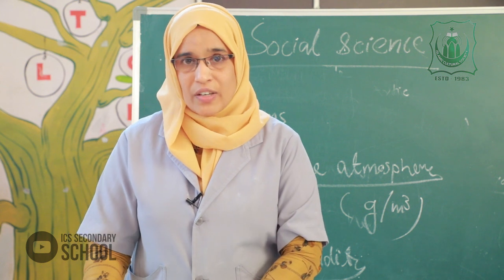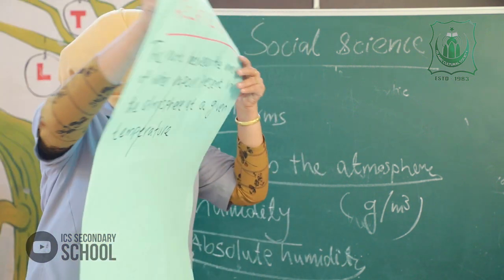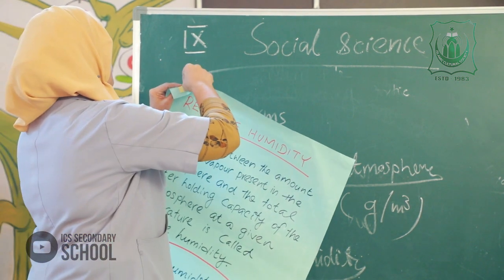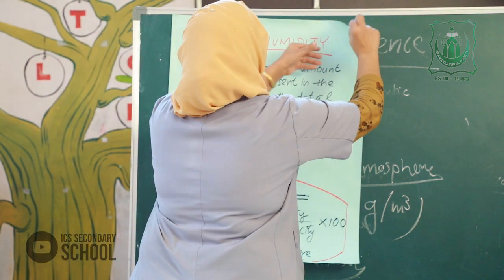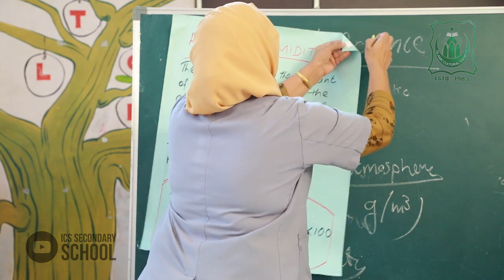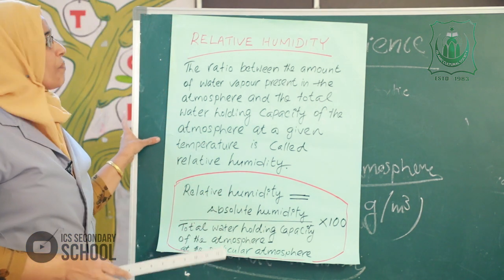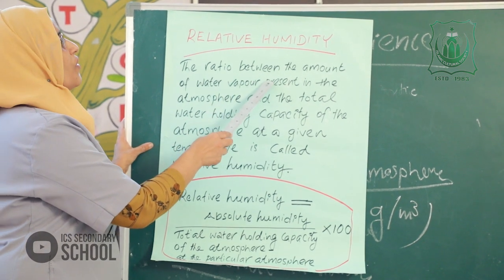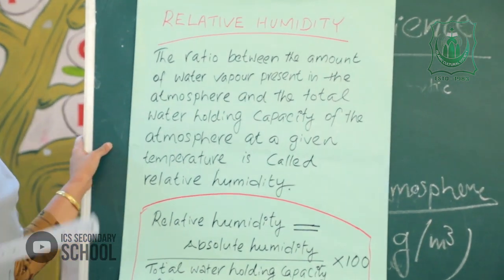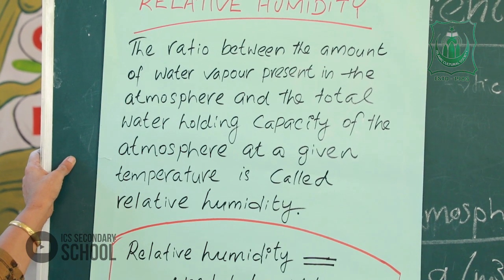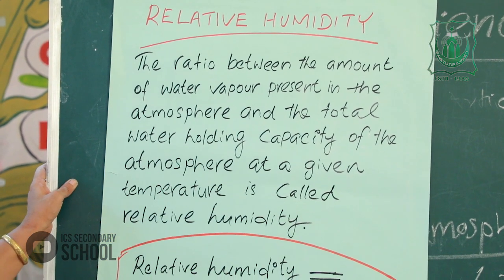What means relative humidity? Look at the chart. Relative humidity is the ratio between the amount of water vapor present in the atmosphere, which is the absolute humidity, and the total water holding capacity of the atmosphere at a given temperature.